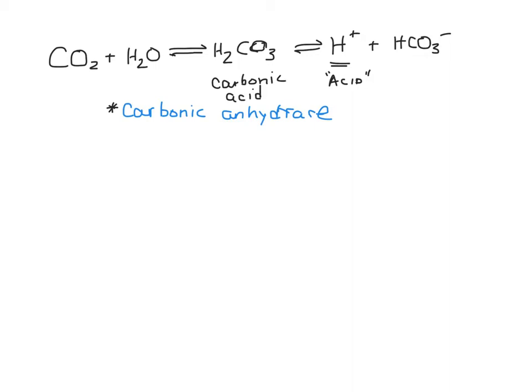And so when you look at this reaction, it is an equilibrium. So if more and more CO2 is being added, the reaction is going to head in that direction and create more acid and bicarbonate. Okay?